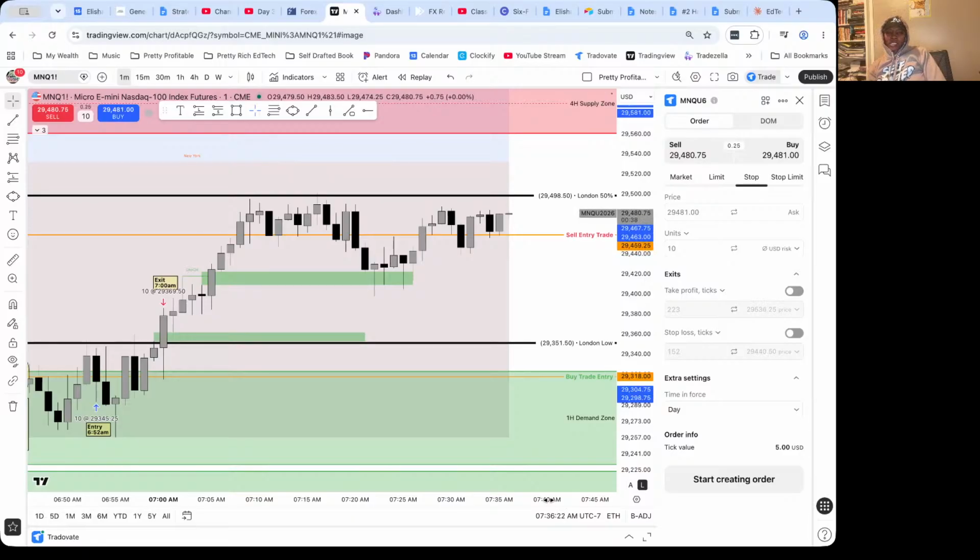I wouldn't like it if I was sitting here looking at the chart, waiting for her to put a signal in the group for me to enter. So I really appreciate the fact that she's broken it down, like, no, I want you to be able to do this without relying on me.